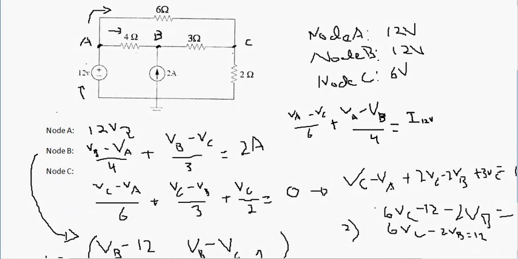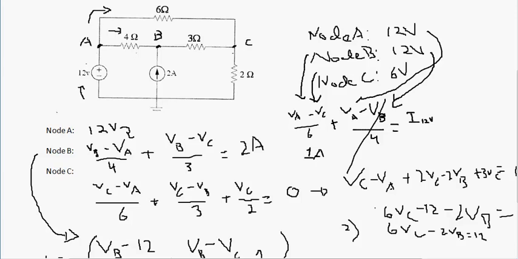Since we solved for the nodes, we plug in 12 for VA, 6 for VC, and 12 for VB. Eventually the second term will be 0. So we're left with 12 minus 6, which is 6, over 6, is 1 amp. So 1 amp is the current going through the 12 volt voltage source.